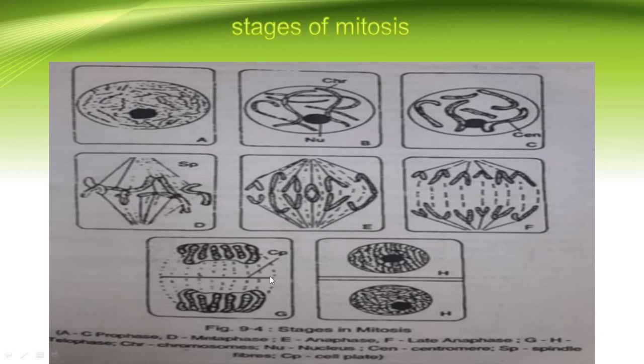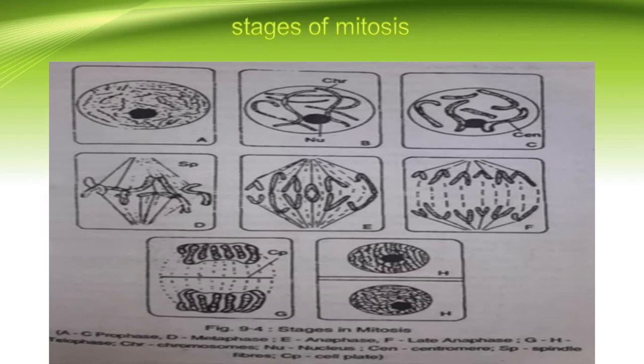These fibers will finally disappear in the telophase stage, which is the end stage of the mitosis, and finally divide the cell into two daughter cells.